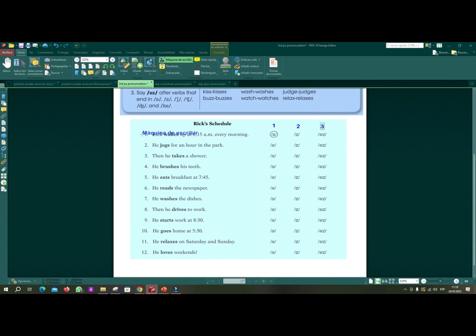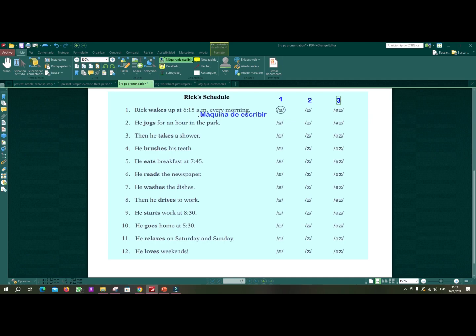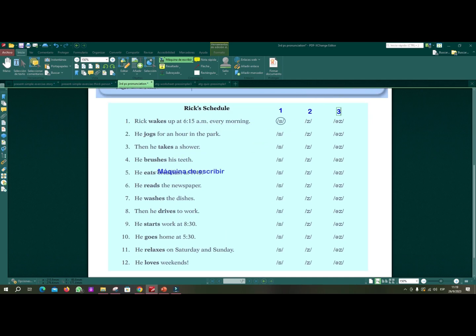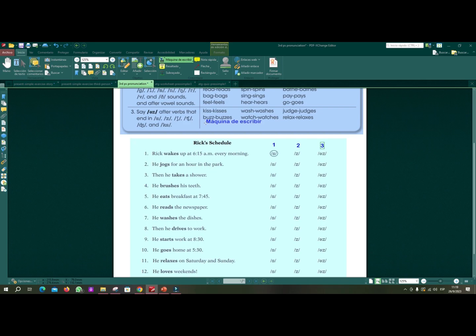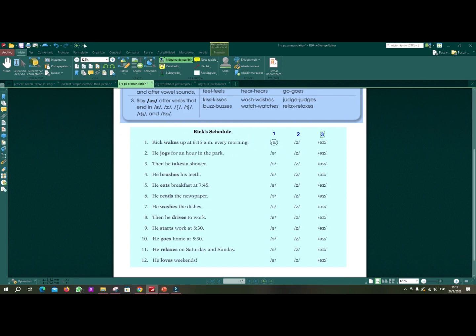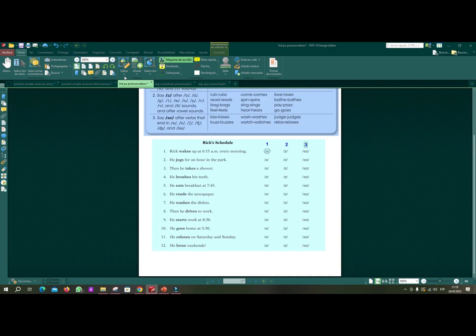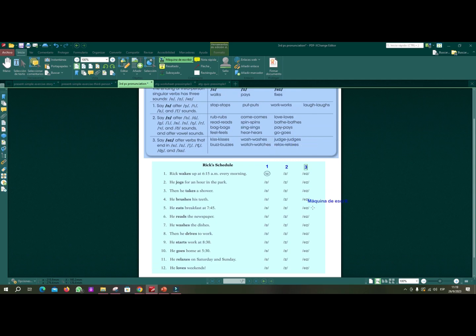So you're going to read the sentences and choose the correct answer. ¿Ok? ¿Qué van a hacer? Lean las oraciones, lean el verbo y de acuerdo a las reglas ustedes pueden elegir qué sonido van a tener esos verbos.